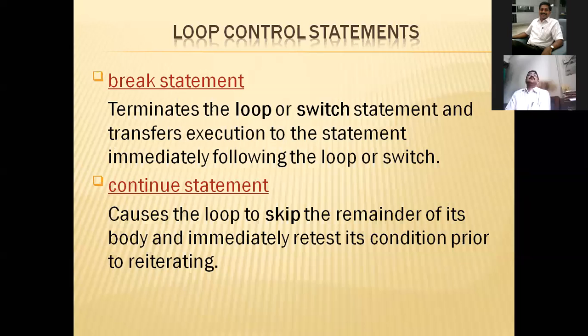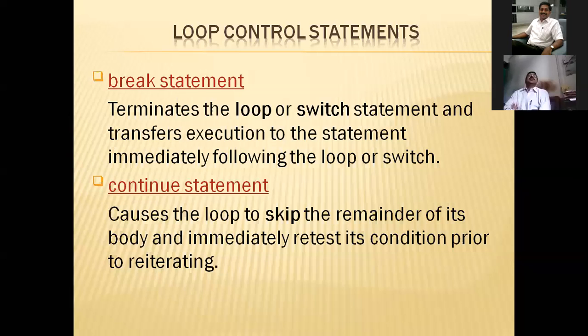And the next, the continue statement, causes the loop to skip the remainder of its body and immediately retest its condition prior to reiterating. In the sense that we have to skip some remainder statements.